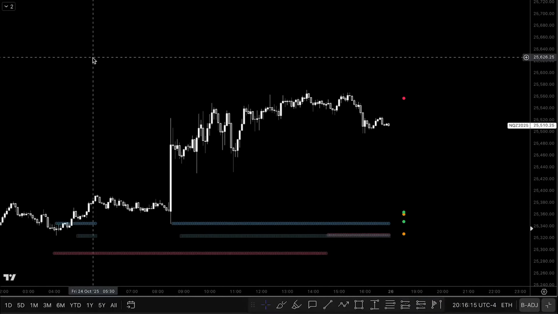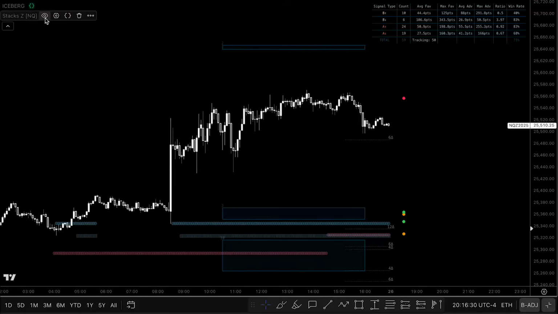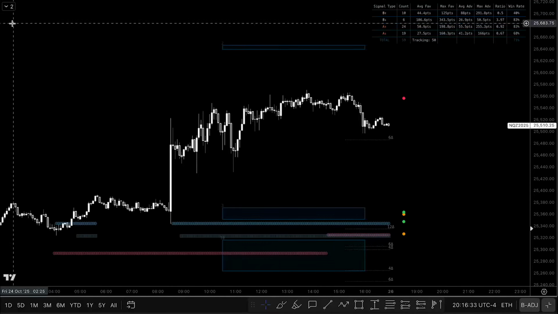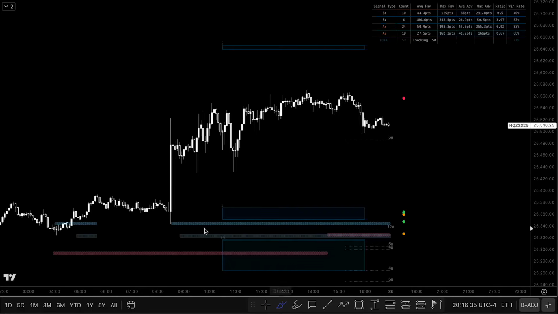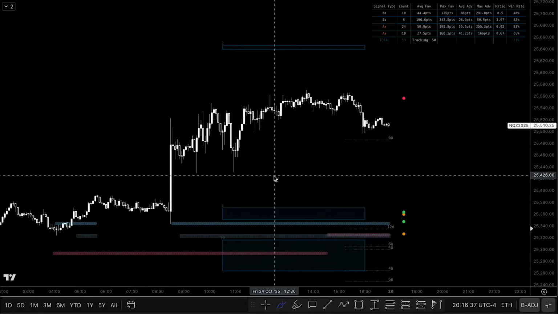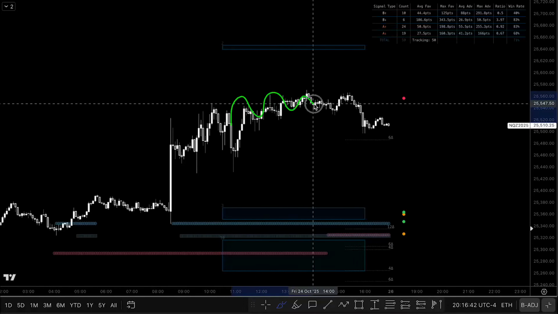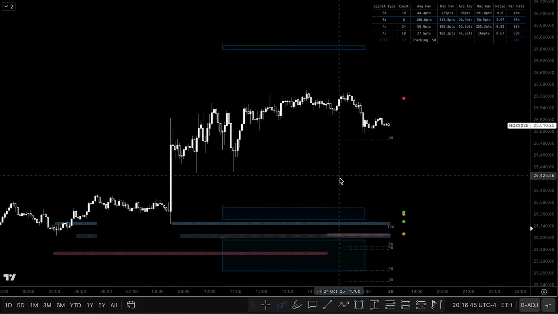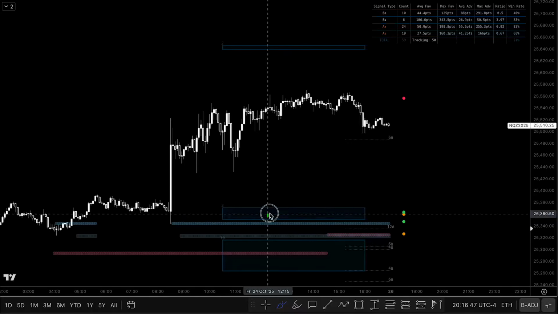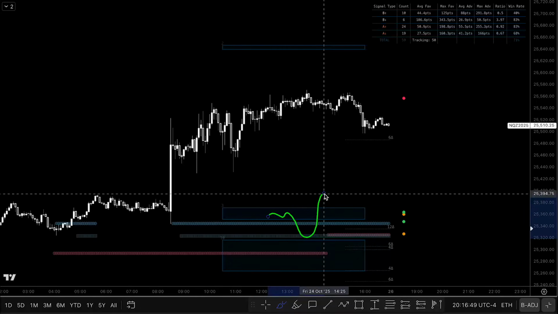And so how are we then incorporating icebergs into the rest of the tools, or primarily stacks? We know it's a stacks first, everything else second approach with the suite. Well, I'll be adding on stacks, and in a typical scenario, I will be observing stacks. Where are we in the session? Let's say we're coming into here, and I'm like, okay, well, I can see they still want to enter in down here.